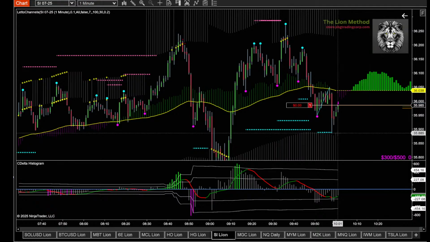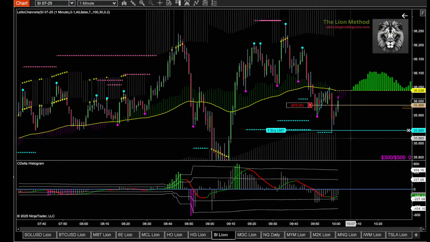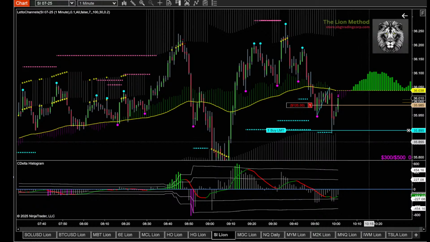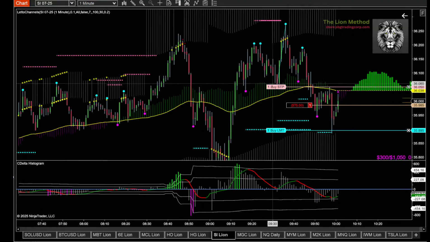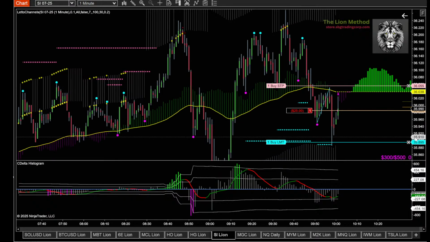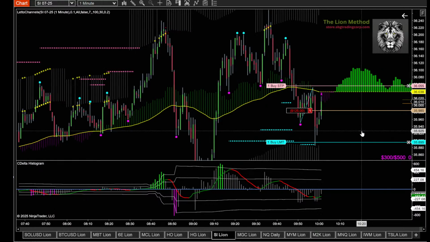All right, we are short in silver. I'll put a buy right there. Oops, look at that. Give me grief right off the bat. That silver could be a wicked metal. We are short in silver.